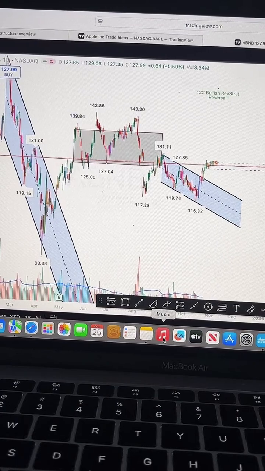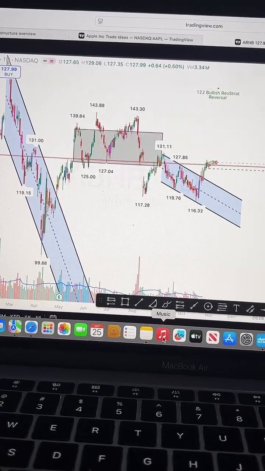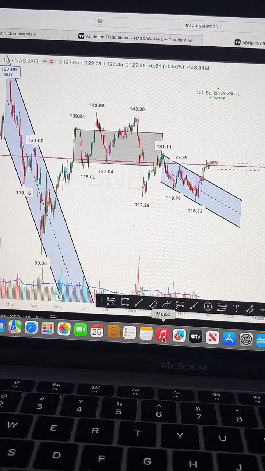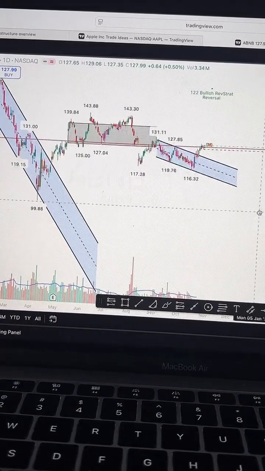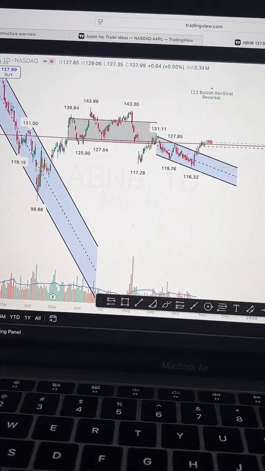We did NVIDIA. We went over NVIDIA structure. We're doing market structure just on random stocks. Sundays, I do my watch list live, for those that just came.